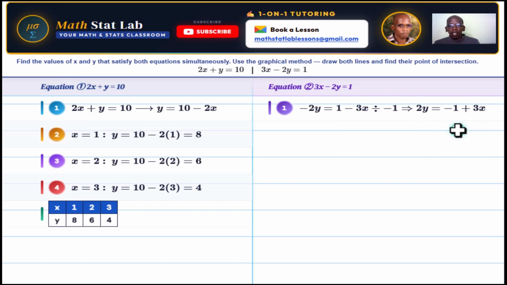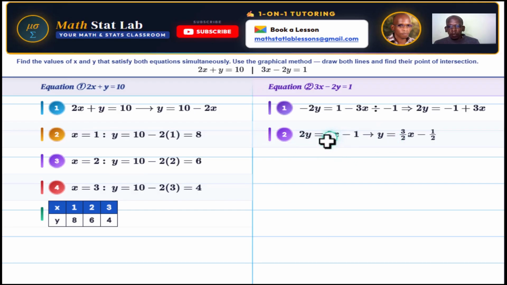But you see, I don't want 2y, I want y, so that I can be able to calculate the values for y and also the values for x. So from there, I can divide both sides by 2 to get the value for y. If I divide here by 2, I'll remain with y because 2 divided by 2 is 1.